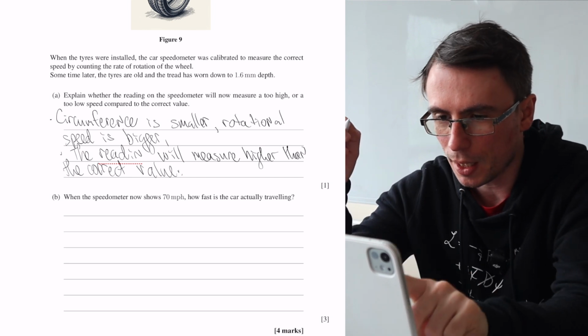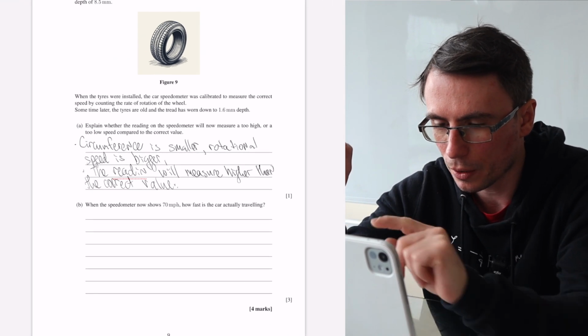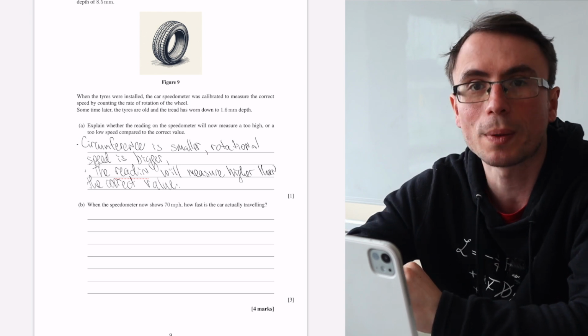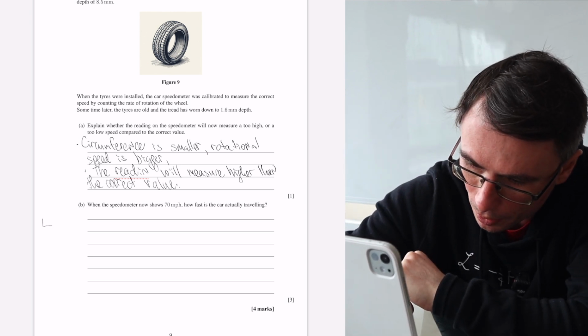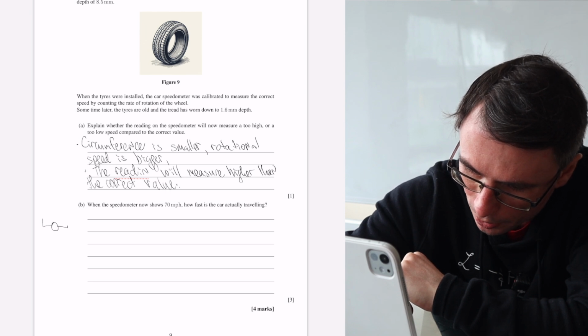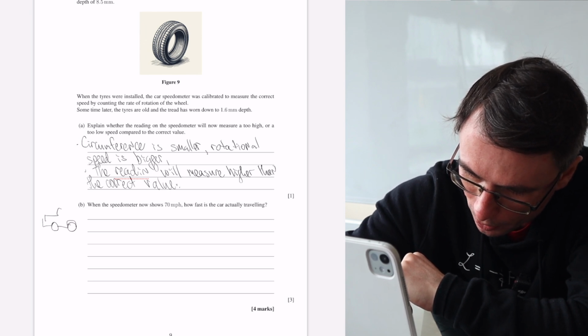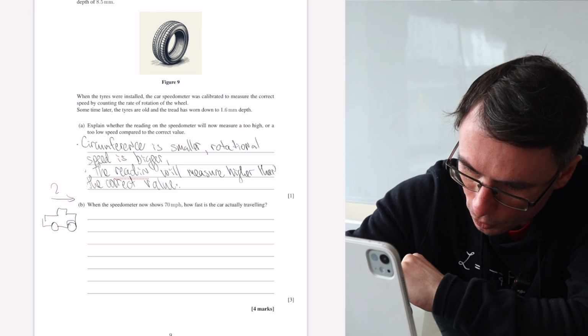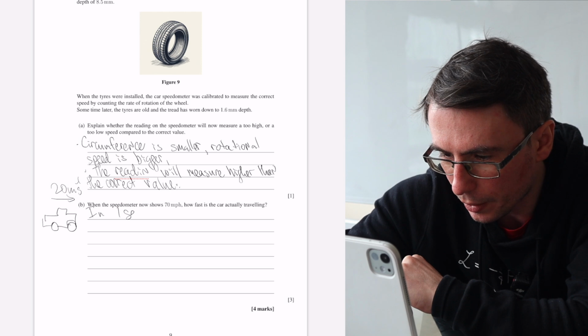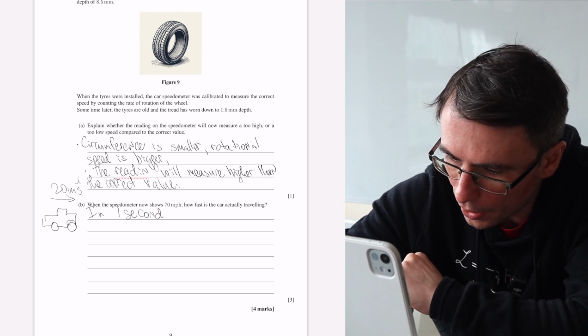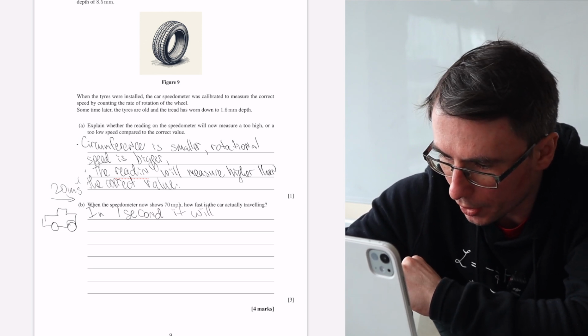So let's say that the car travels at a speed of 20 meters per second, just to keep it really, really simple. So if we have a car, it's my drawing of a car, not very good, traveling at 20 meters per second, in 1 second it will cover 20 meters, right?